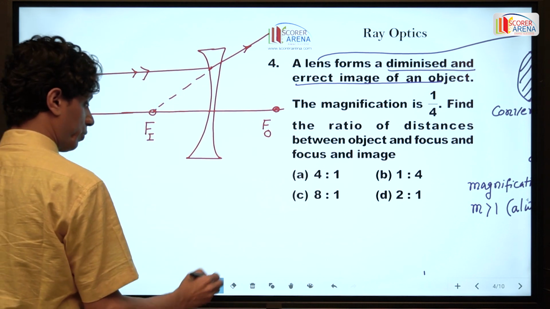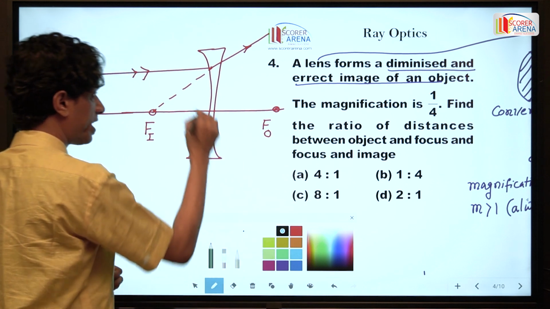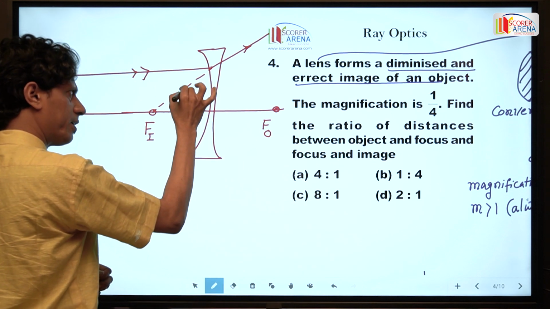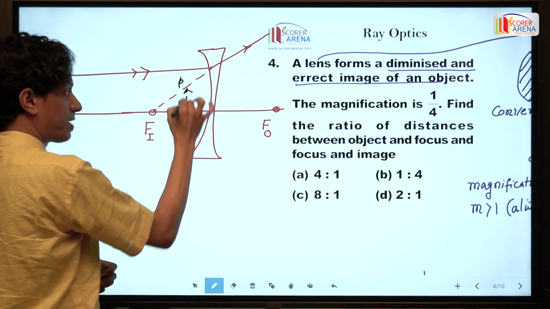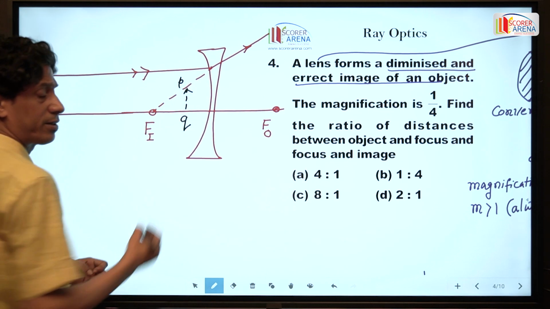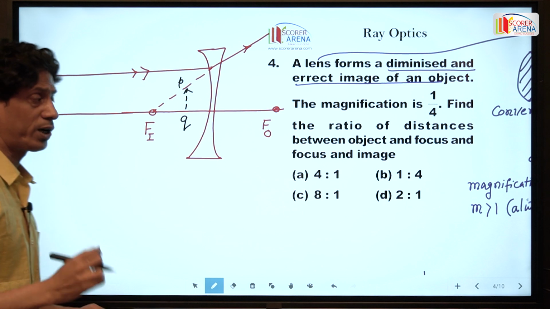And we get a diminished, erect, virtual image. The magnification is less than 1.